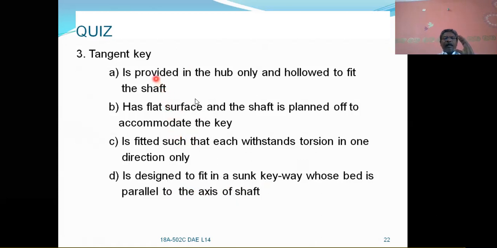Which is the right answer relating to the tangent key? It is provided in the hub only and hollow to fit the shaft, has a flat surface and the shaft is planed off to accommodate the key, and is fitted such that each withstands torsion in one direction only, and is designed to fit in a sunk keyway whose bed is parallel to the axis of the shaft, or none of the above.